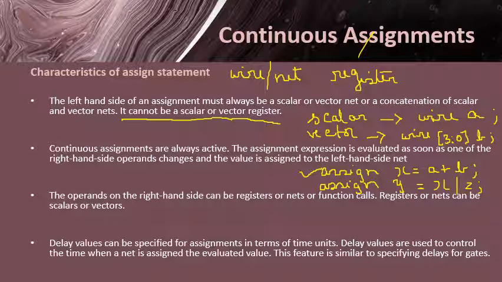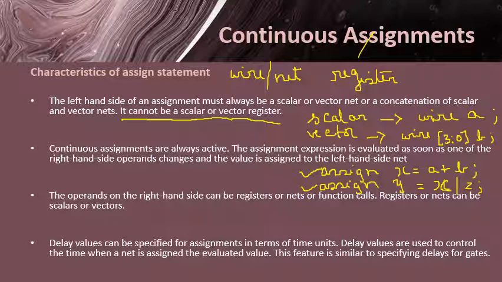Whenever this statement is executed, x will change, so there will be some event happening on x. As you see, x is used as a signal on the right hand side of the second statement, and hence whenever x changes, this statement will also be executed.